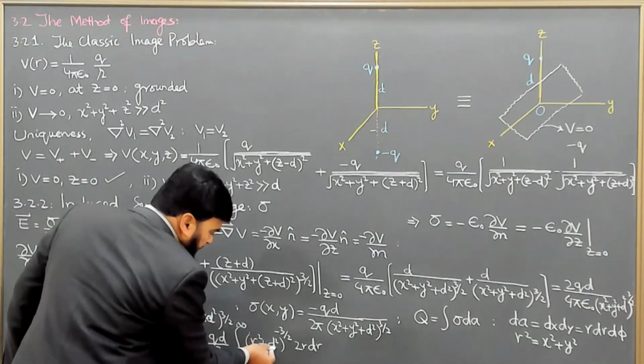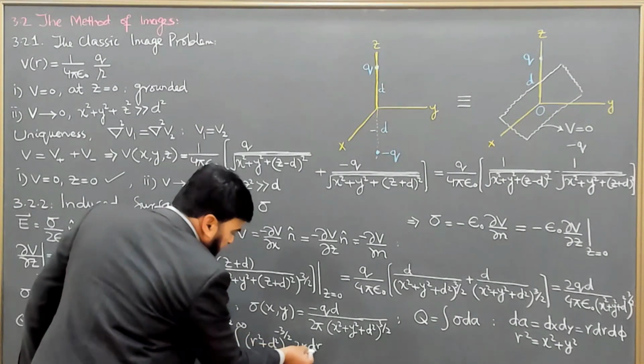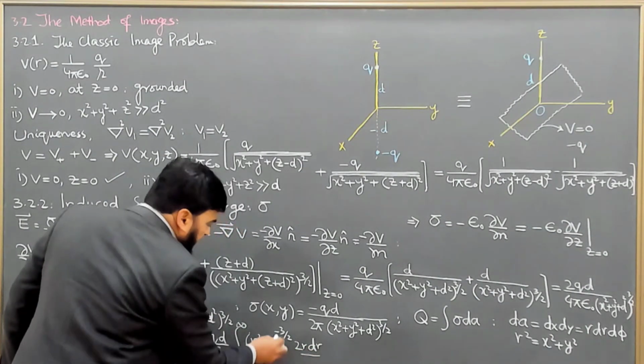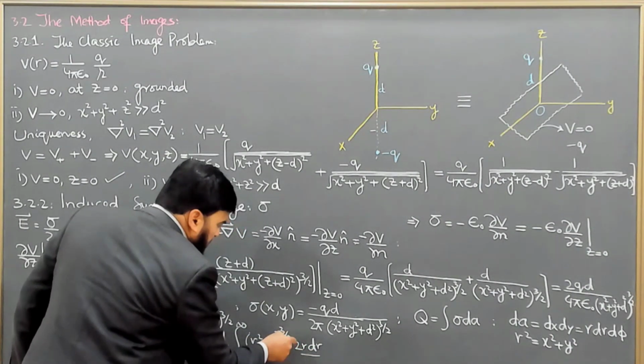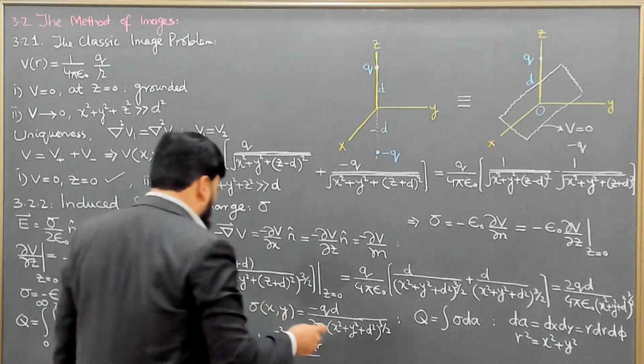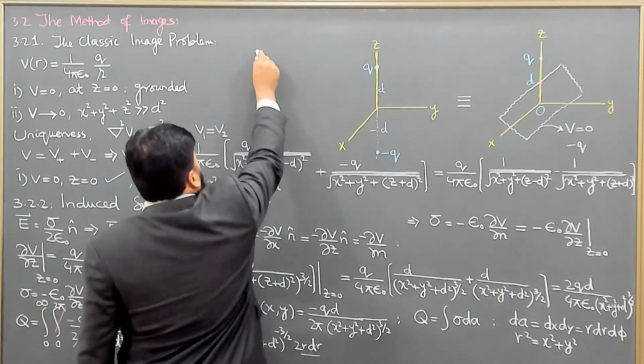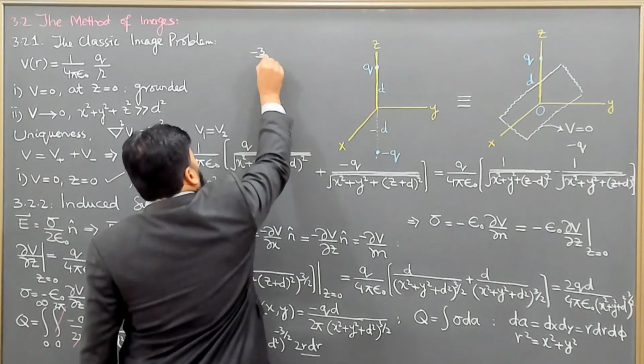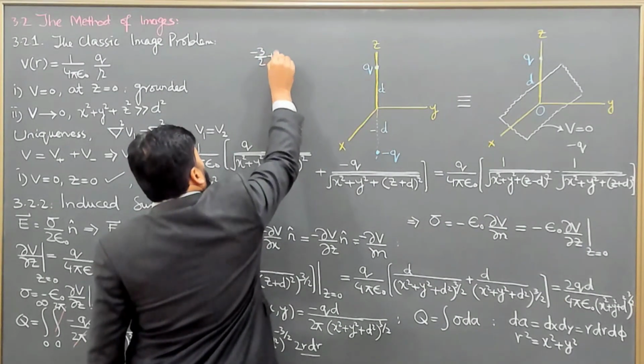Now the function in front is the derivative of it, so it will be minus 3 by 2 plus 1.